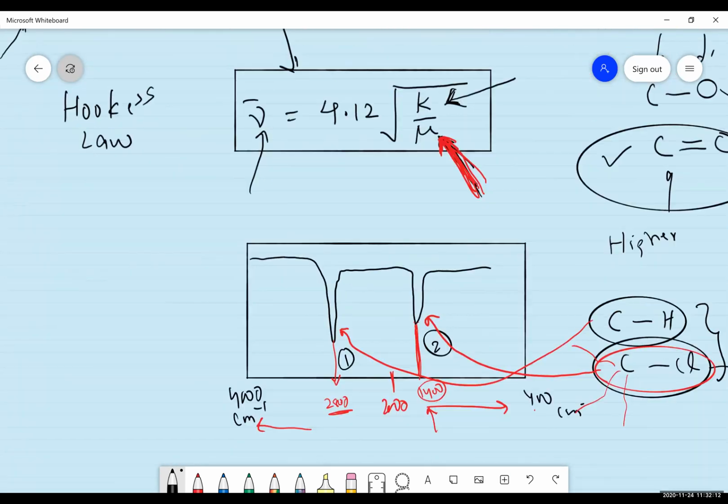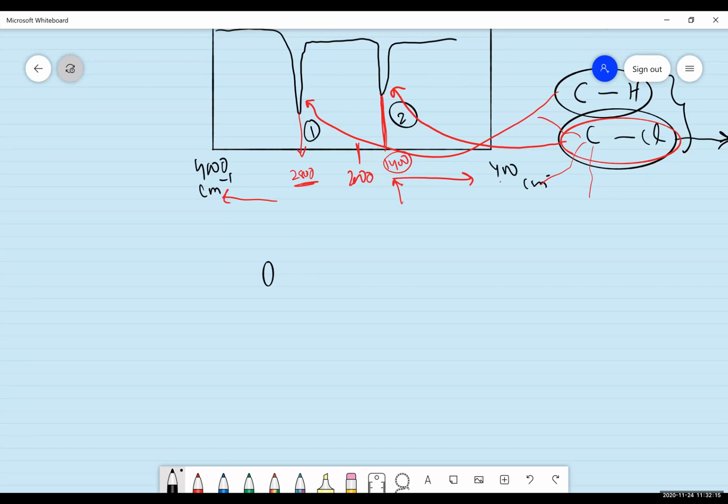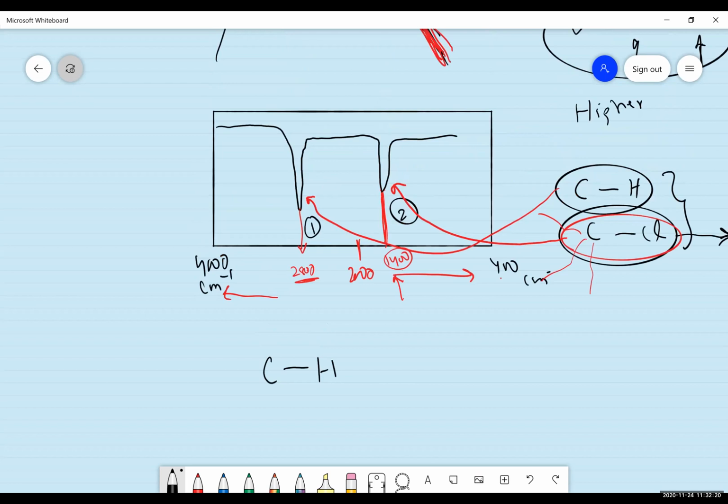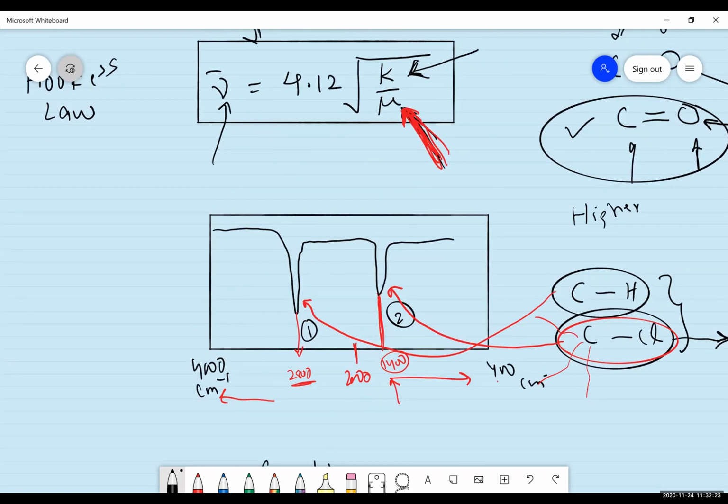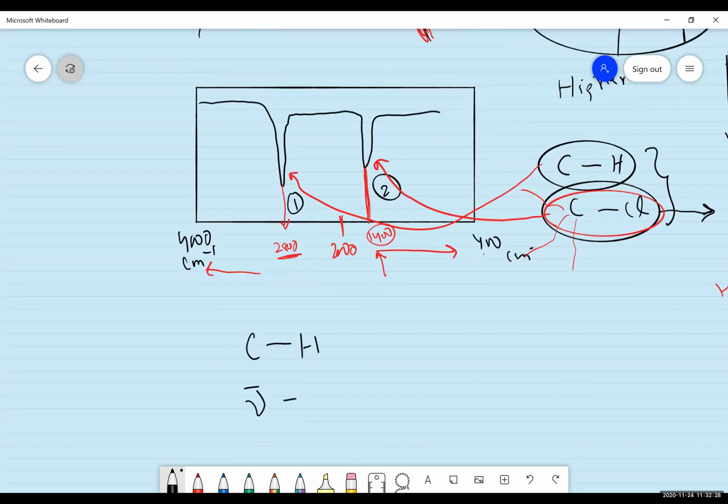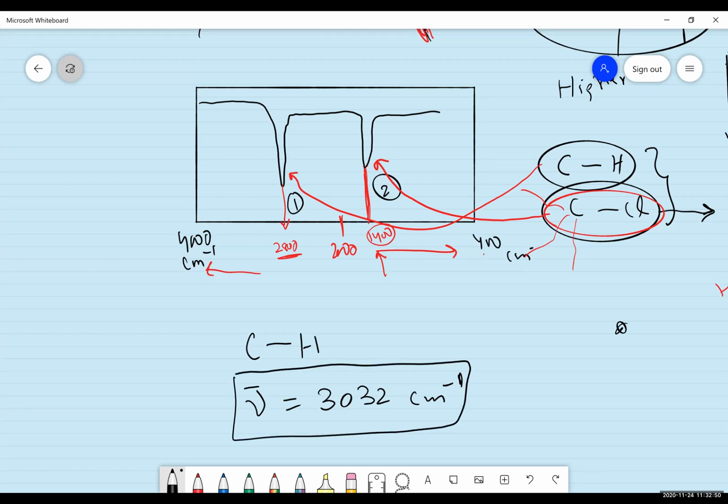So if we apply Hooke's law to CH bond, right? And we apply this force constant and mu, we calculate exact number. And you know what theoretical wave number value comes out to be? That value comes out to be 3,032 centimeter inverse. So according to Hooke's law, any compound, if it has a CH bond, it should show a peak at what value? 3032.